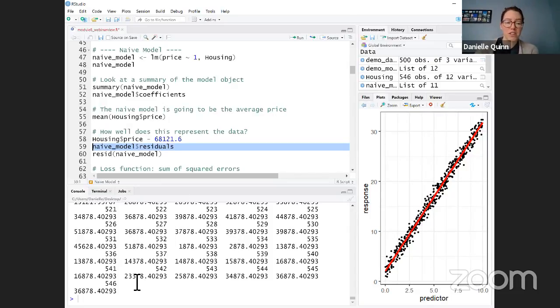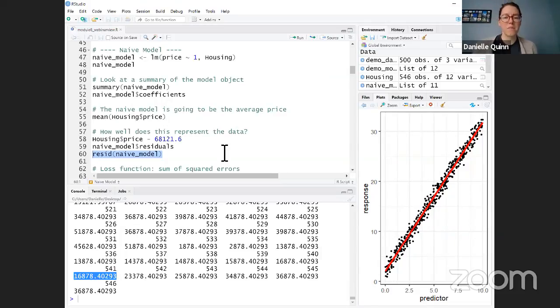So here's house 541 again, and again, it's still about $17,000 off in our estimate. We can also use this really handy function called resid, and we could say, show us the residuals of the naive model. Again, that would give us the very same information. When it comes to models, there are often multiple ways to get at the same piece of information. Whichever of these three options makes the most sense to you, feel free to use that.